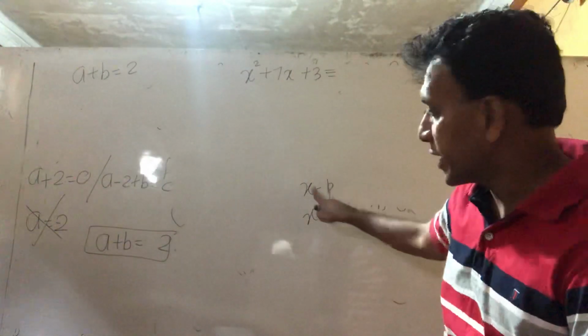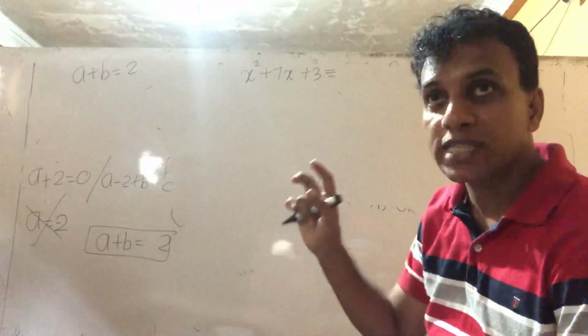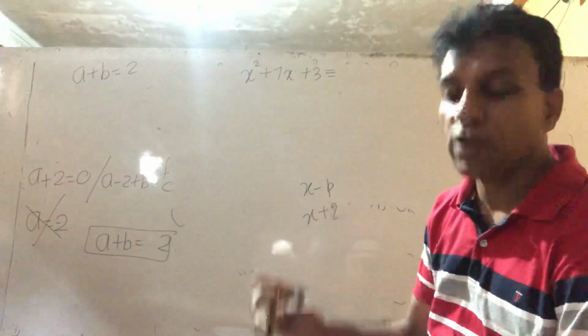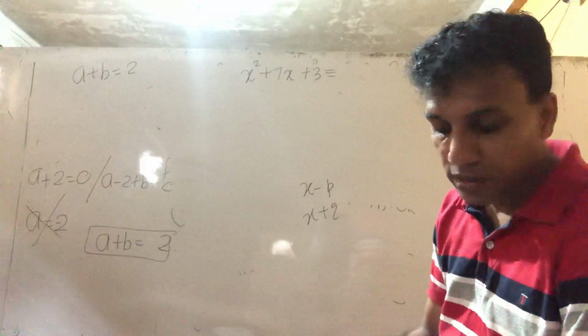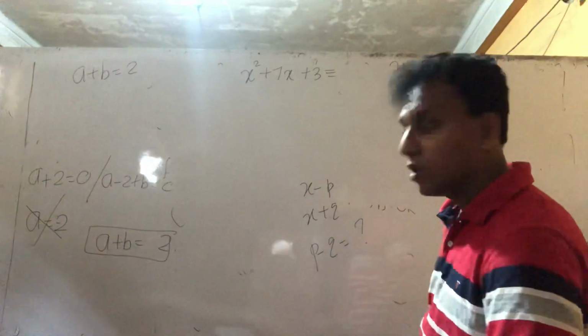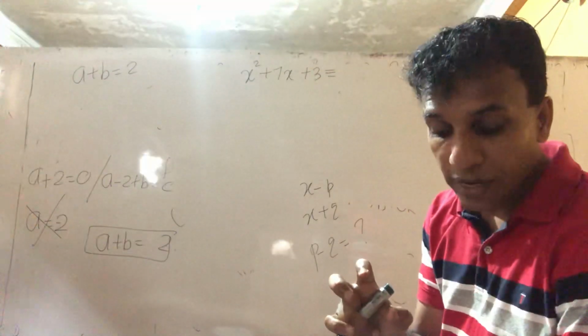If you divide by x minus p, there's a remainder, say for example 5. If you divide by x plus q also, the remainder is 5. Same remainder. Then find the value of p minus q.